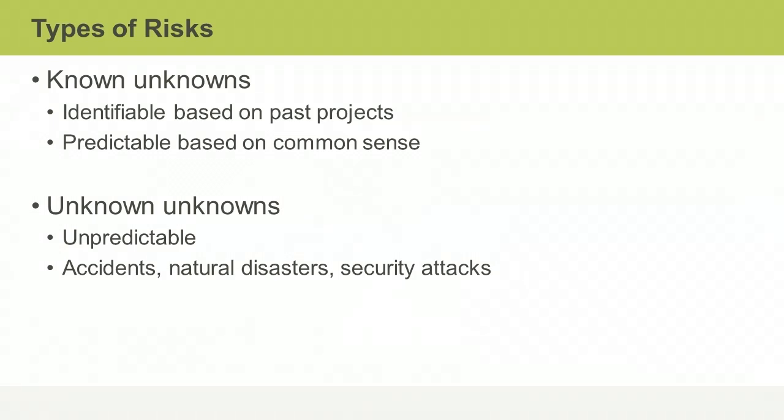Then there are unknown unknowns, which are the unforeseen events that no one identified as possible risks before they happened. A fire that destroys a production facility and a natural disaster such as an earthquake are unknown unknowns that you can't predict. Other kinds of risks that are difficult to predict include communication breakdowns, power failures, and loss of data from a virus on your network that your security measures couldn't detect.